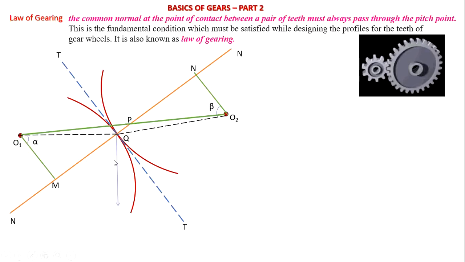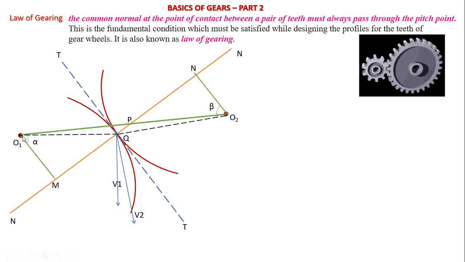So now imagine this is a circle rotating with a certain angular velocity. If I drop a perpendicular line here, that will be V1, the velocity of the first gear. And similarly, if I drop a perpendicular line from here to here, that will be V2. So this is V1.